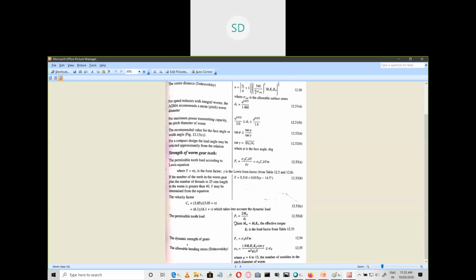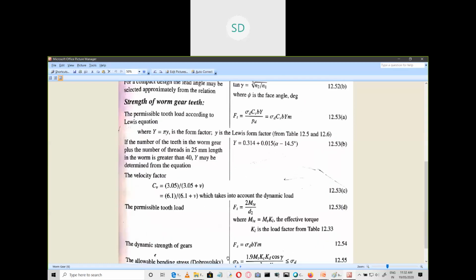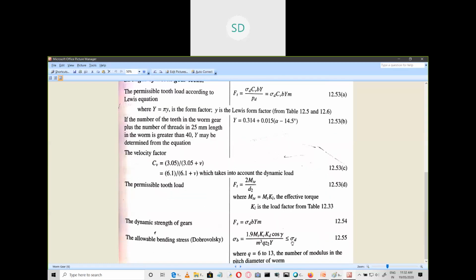I think one equation is missing in the data book. If we get dynamic strength, I think this has to be the dynamic strength of gears. I'll wait, I'll check in a book.